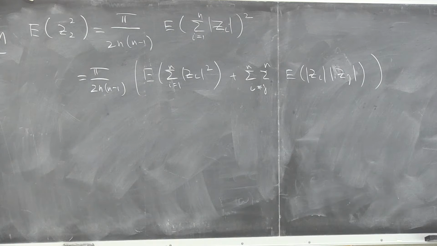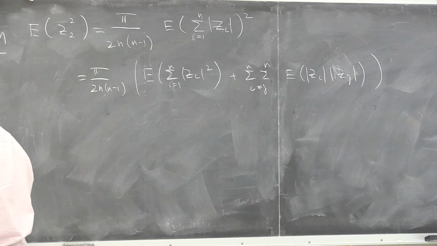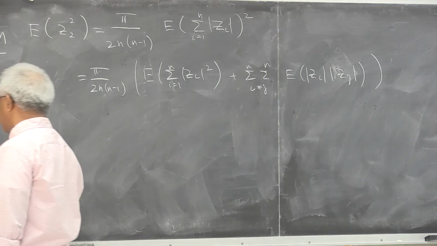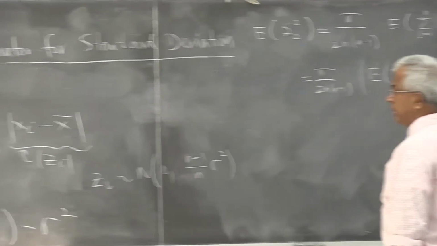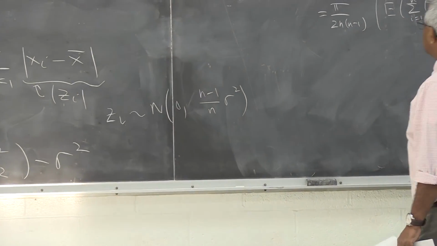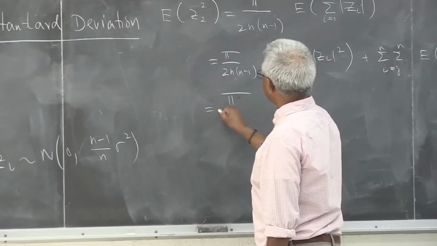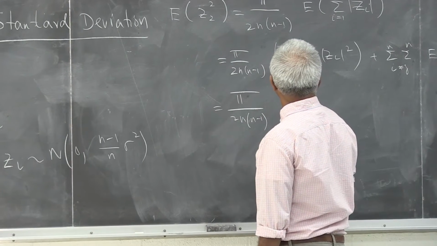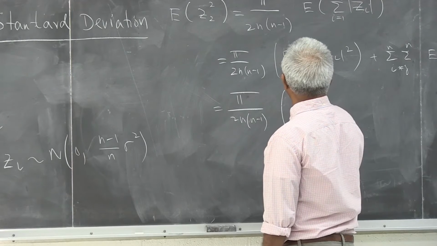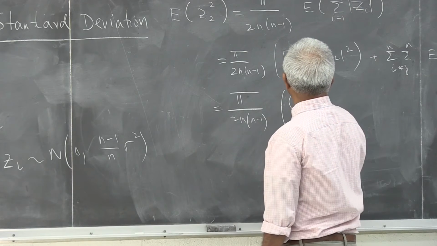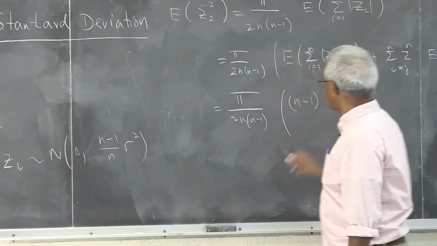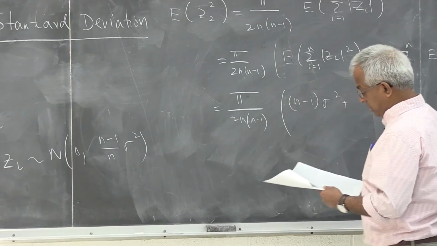We also have shown that the zi's are normal random variables with variance sigma squared and zero mean. So if you substitute this, this is going to be n minus 1, and there are n of them. So the n cancels, and you get n minus 1 sigma squared.